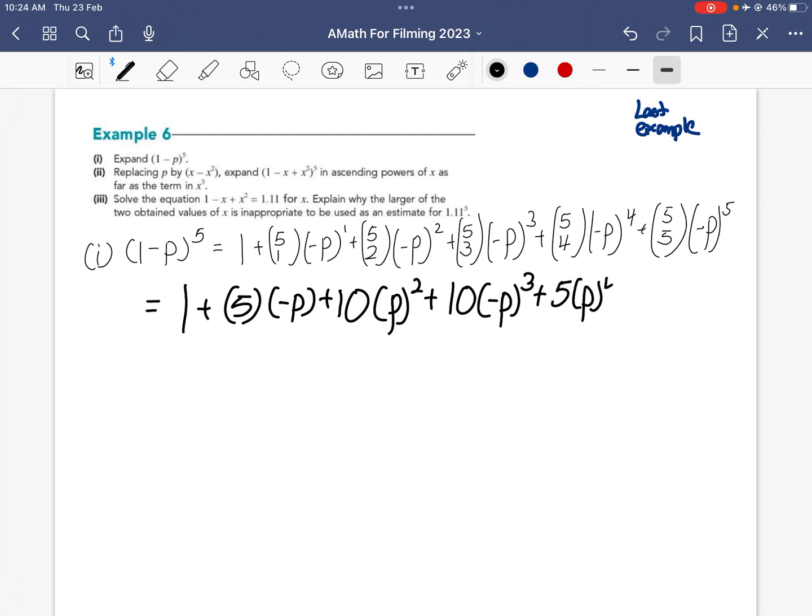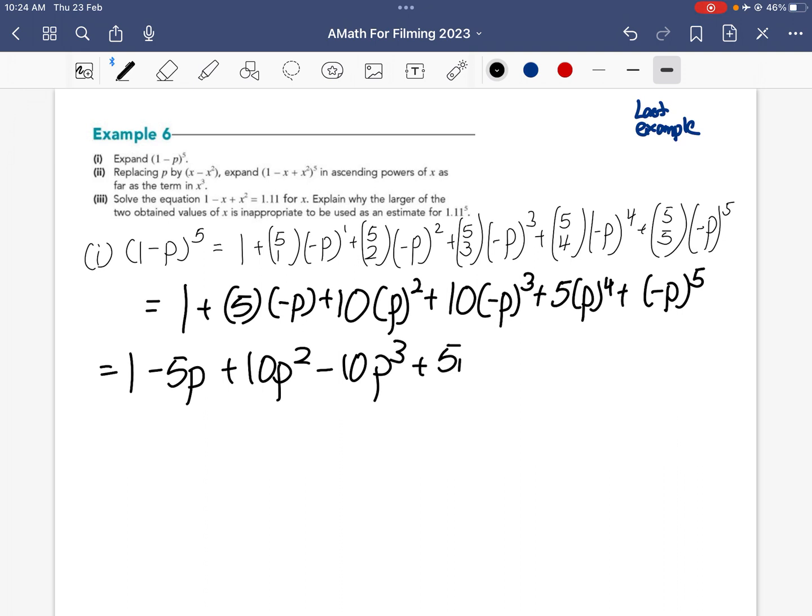Okay, I'll get 5 p to the power of 4. 5 choose 5 is 1, negative p to the power of 5. Simplifying, I get 1 minus 5p plus 10p squared minus 10p cubed plus 5p to the power of 4 minus p to the power of 5. That is part 1.